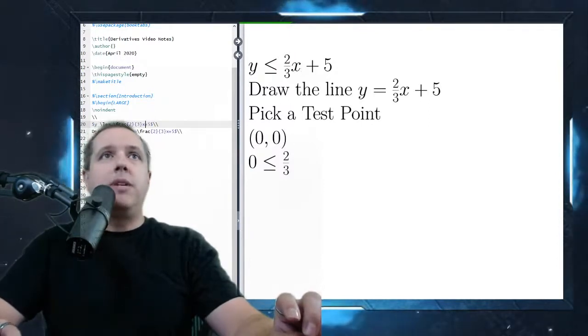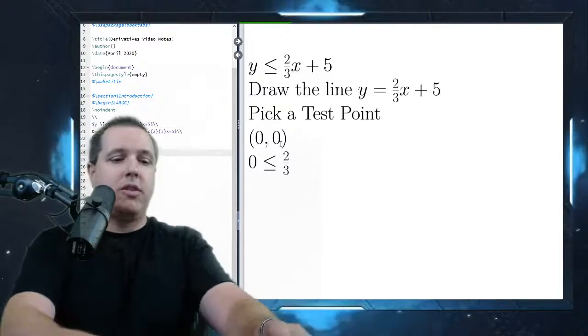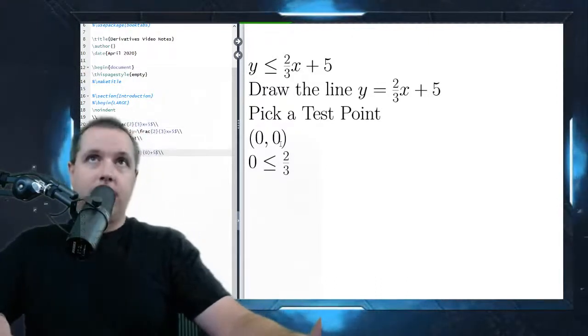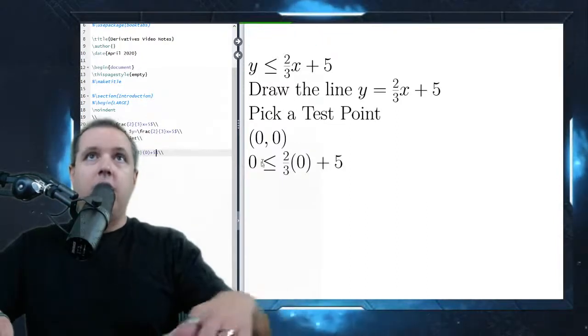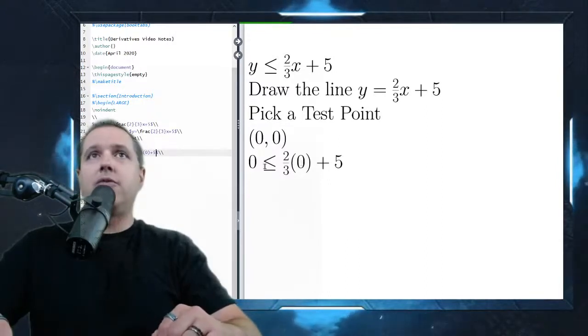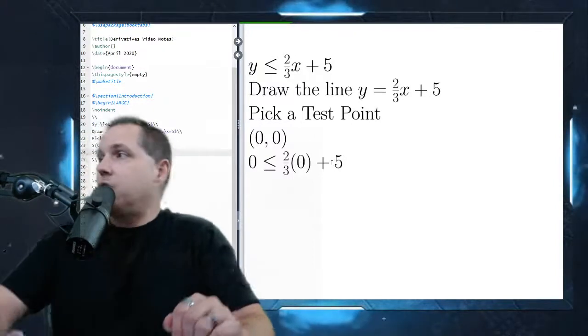So I'm going to plug in a 0 here, plus 5. Then we have to ask ourselves, is this true? Is 0 less than or equal to 2/3 times 0, which would be 0, plus 5? So is 0 less than 5? Yeah, that's a true statement.